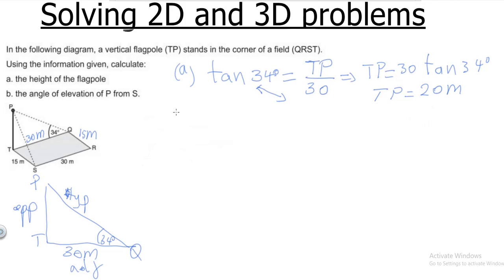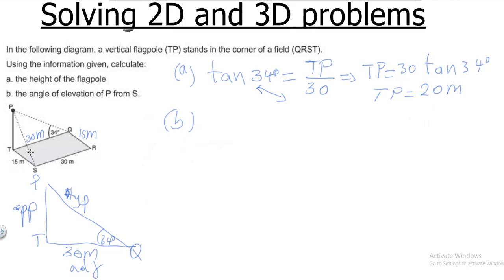Now next question, it says we have to calculate the angle of elevation, okay? You see, they look from the corner of the field to the top of the flag, okay?